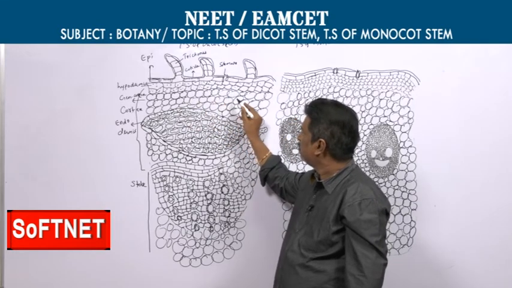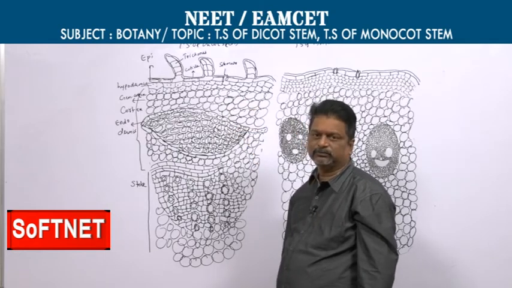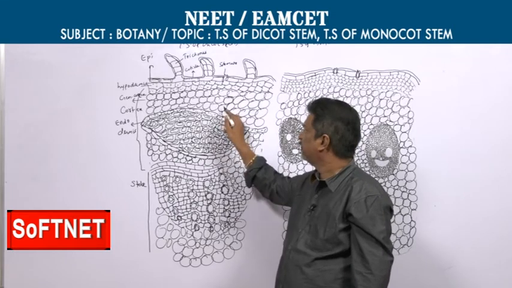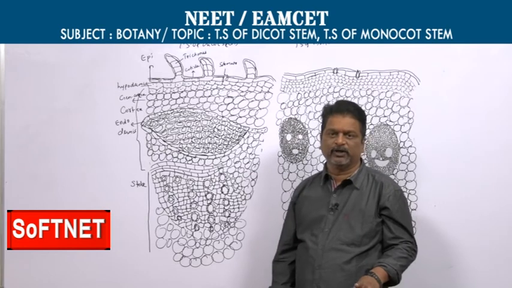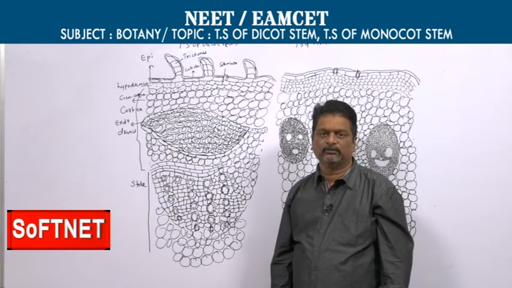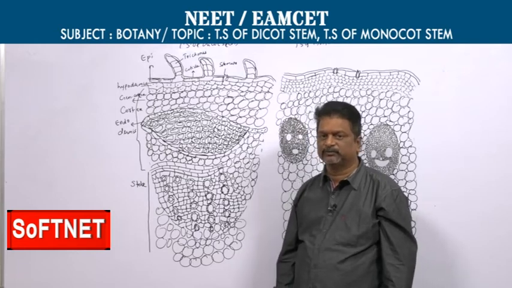Then middle portion or middle cortex is called general cortex. General cortex is predominantly parenchymatous, so it is made up of parenchyma. The cells are spherical or oval with intercellular spaces, generally intercellular spaces present.